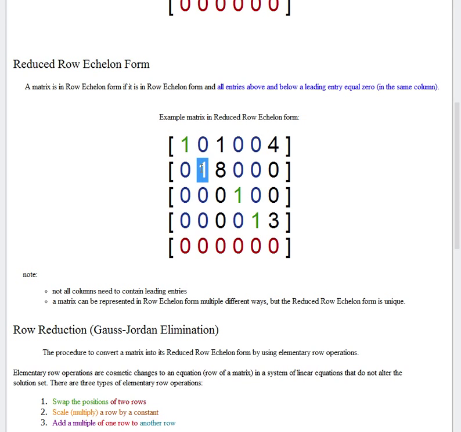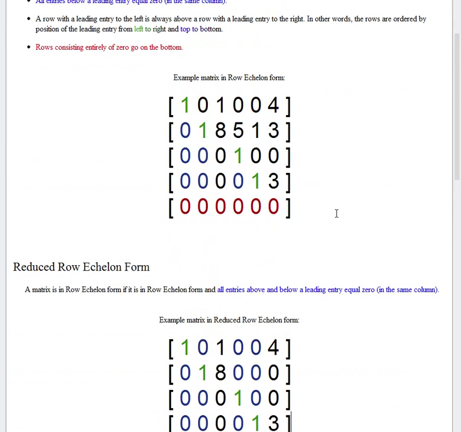These are known as pivots. And because this is the reduced row echelon form, these leading entries are called pivots. Otherwise, here I guess they would just be called leading entries if they're not a reduced row echelon matrix.